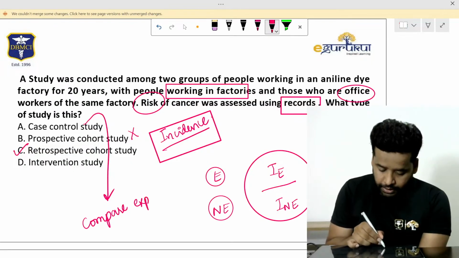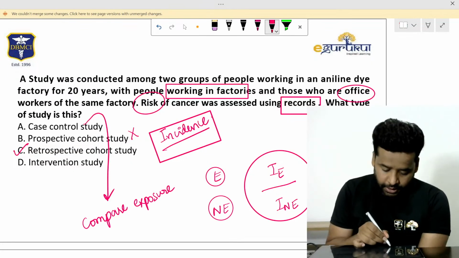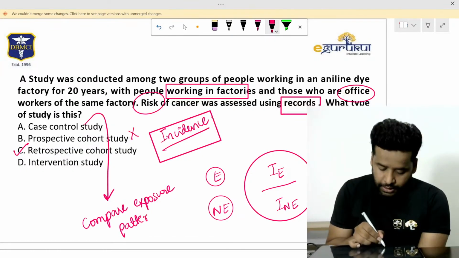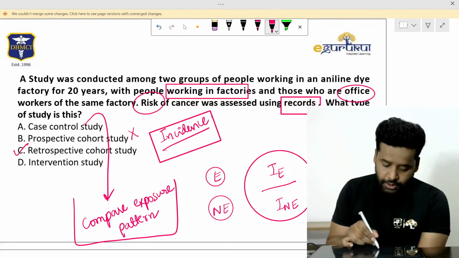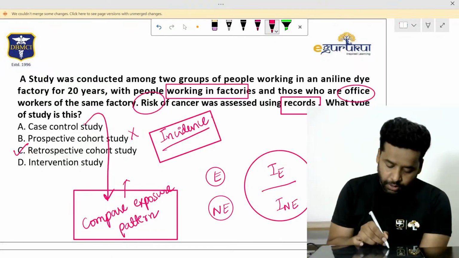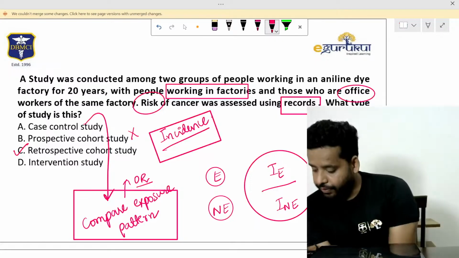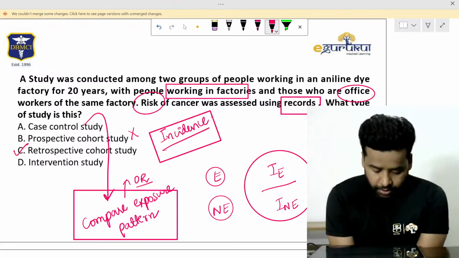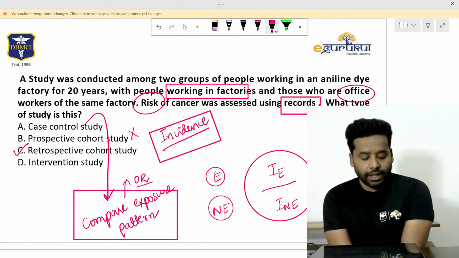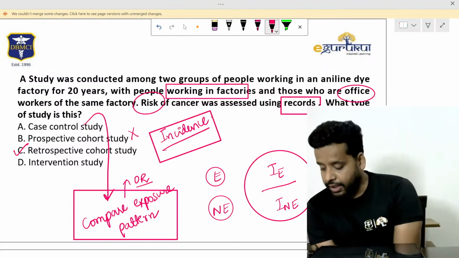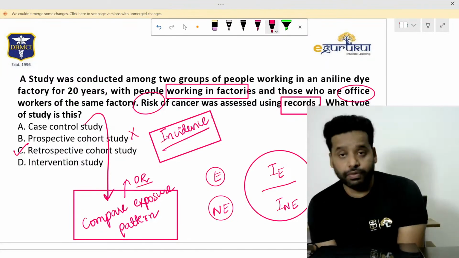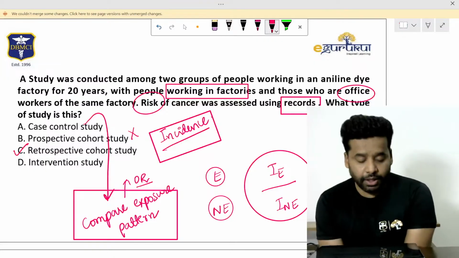When you compare the exposure pattern, what ratio will you get? Odds ratio. Yes, very good. So comparing the exposure pattern and checking the odds ratio is what is very, very important.